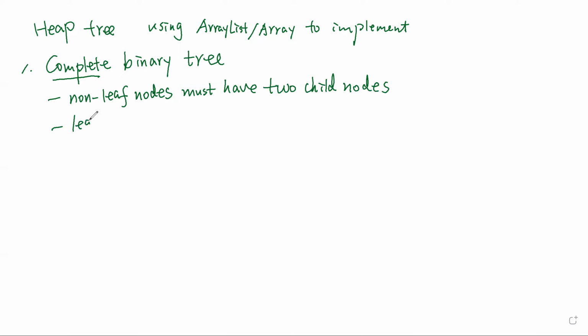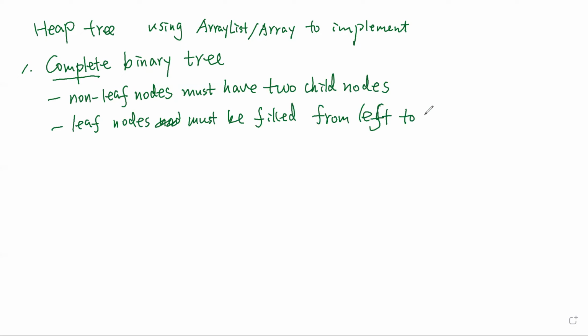And the leaf nodes must be filled, and here we need to be careful, from left to right. So basically from left first, when you fill the tree. It's not a binary search tree, so here we need to be careful about the concept. It's just a binary tree. So what do these two mean?